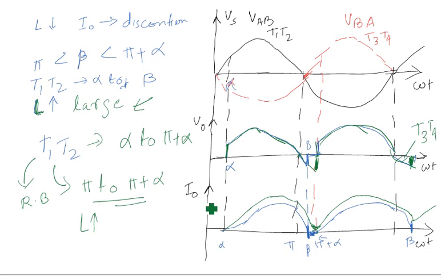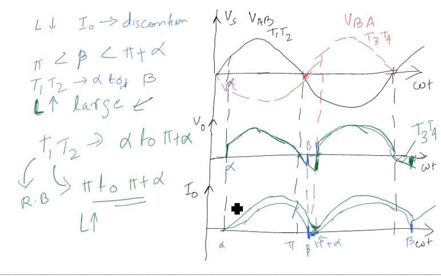Later on, whenever we say large inductance, you assume that the current never touches the zero value. It goes on cycle after cycle.